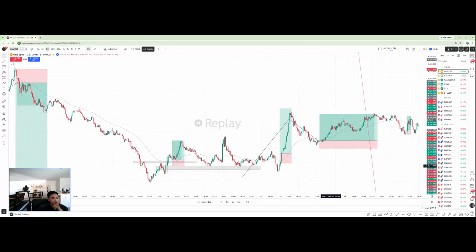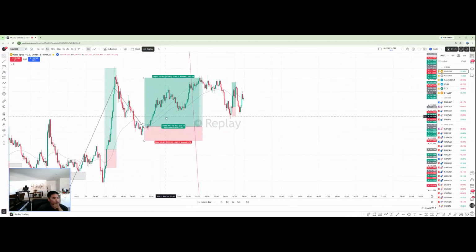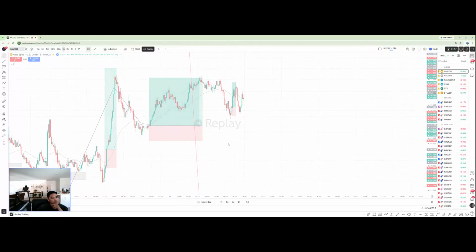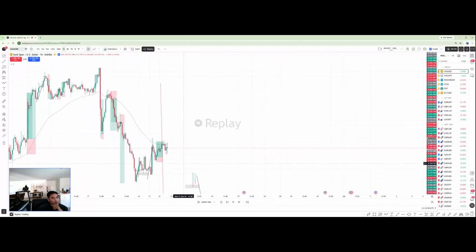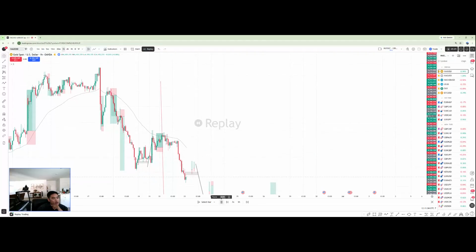So when you jump to 5 minutes, got this one right here, let's call it 3RR, because we have this nice bullish engulfing around this area at 11 p.m. Now price came back once again around here.